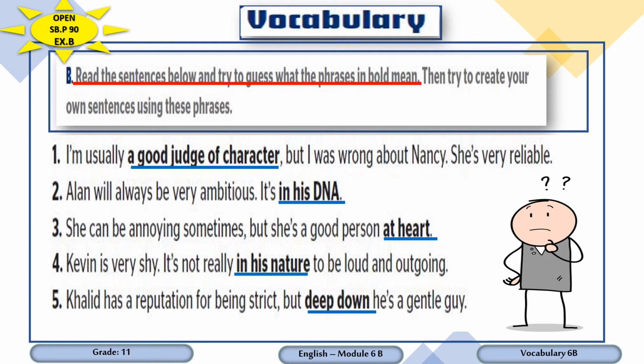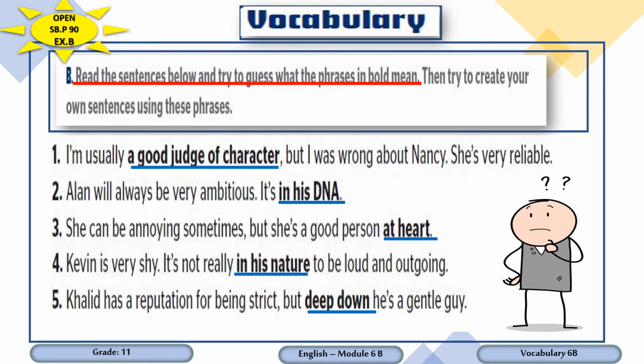And sentence number 1, a good judge of character. Number 2, in his or her DNA. Number 3, at heart. Number 4, in his or her nature. Number 5, deep down.